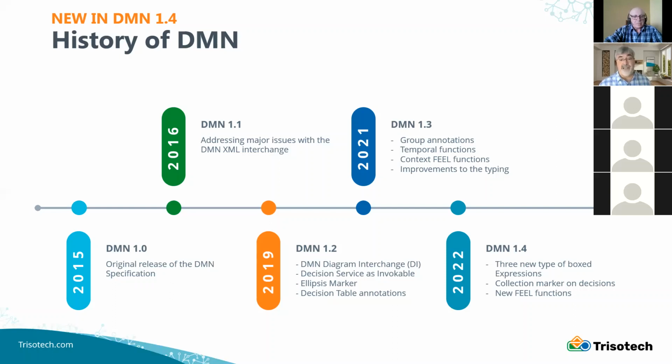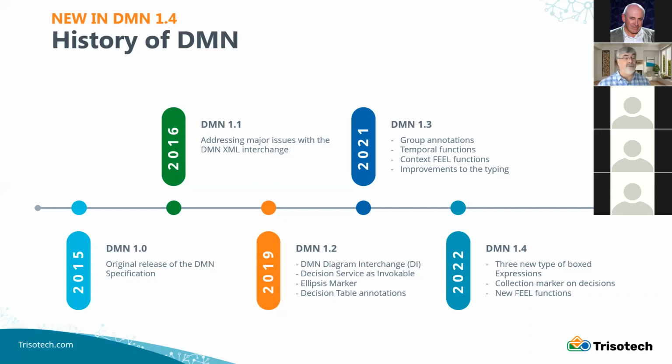Then in 2019, we released a major subversion, DMN 1.2, major in the sense that it brought in a lot of things, including the capability of diagram interchange, so the possibility of interchanging the diagram as well as the model, and the introduction of decision service as an invocable element, and the notion of the ellipsis marker, which means when you see an ellipsis marker on something, it means that there are more links that exist than what's shown in that particular diagram.